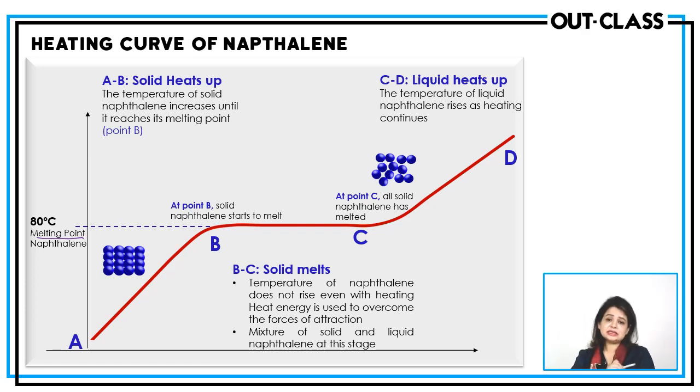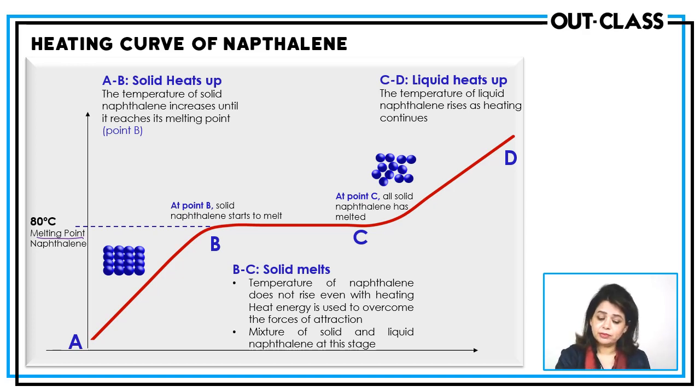Because at this time, whatever heat you are giving it is not used to increase the temperature. It is used to break the forces of attraction, to convert solid particles into liquid particles. It is used to overcome the forces of attraction. So this is the latent heat.